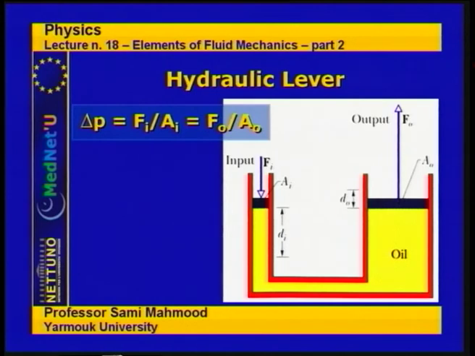And the pressure will be exactly the same. That means the pressure at the output piston is simply F sub O, the output force that the piston would exert on any load that is on top of it, divided by A sub O. That's the force divided by the area. And that is the pressure at the output end.